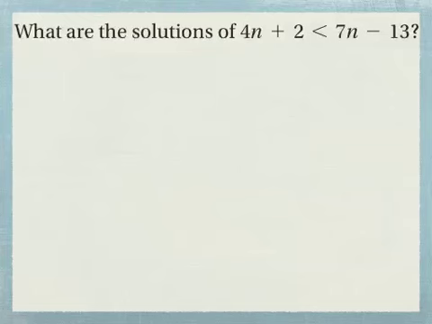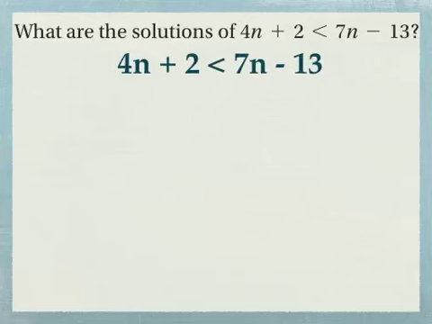The next example says, what are the solutions of 4n plus 2 is less than 7n minus 13? Notice in this case I have variable n on either side of the inequality sign. When my variables are on either side of the inequality sign, I'm going to have to use inverse operations to combine them.